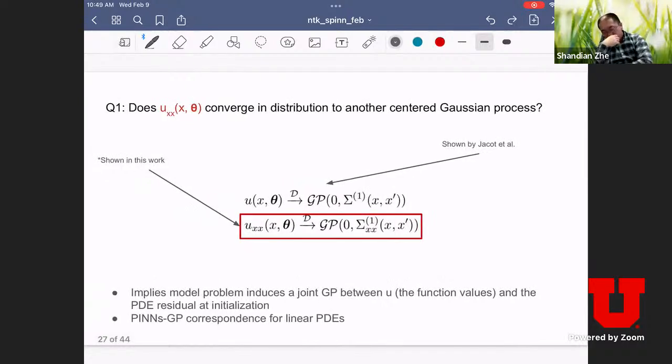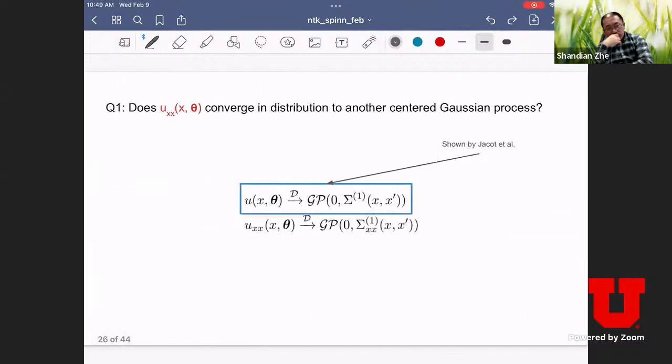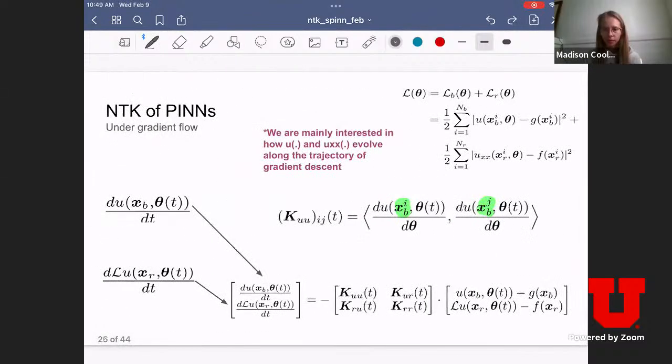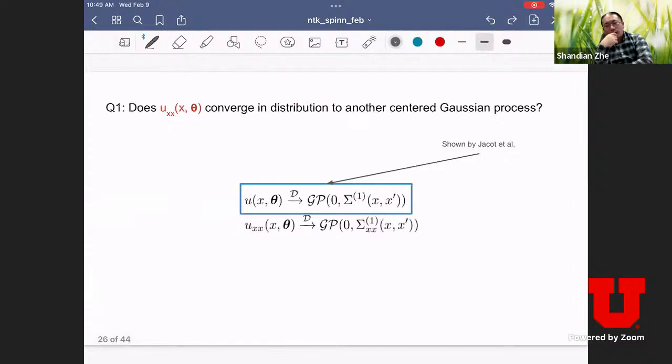Well, one question, Madison. Can you go to the next slide? The blue bounding box shows that your NTK kernel... Actually, I don't quite catch the conclusion here.